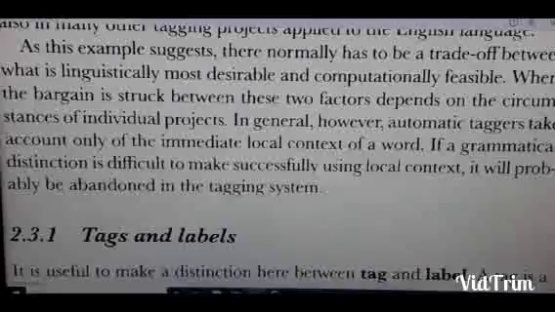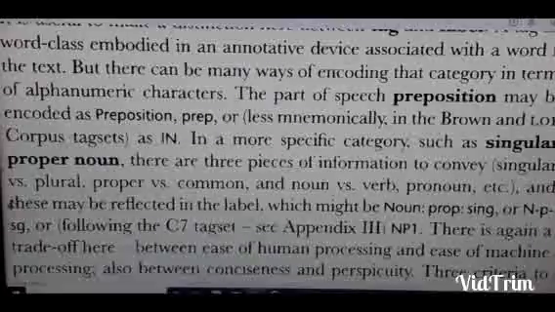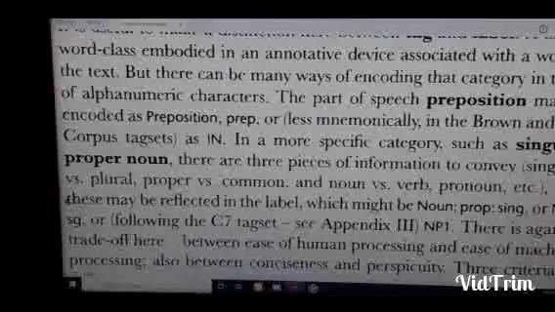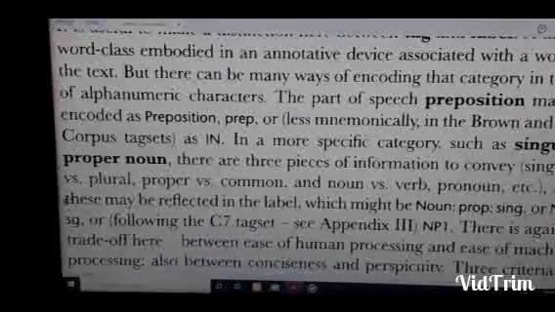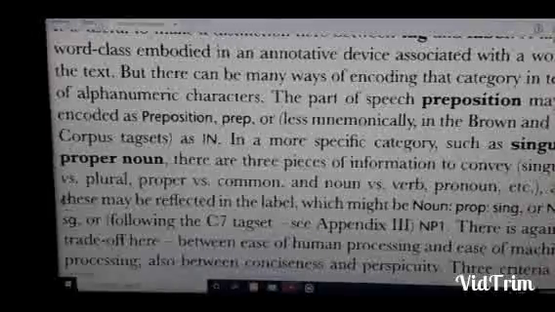2.3.1 Tags and Labels. It is useful to make a distinction here between tag and label. A tag is a word class embodied in an annotative device associated with a word in the text. But there can be many ways of encoding that category in terms of alphanumeric characters.